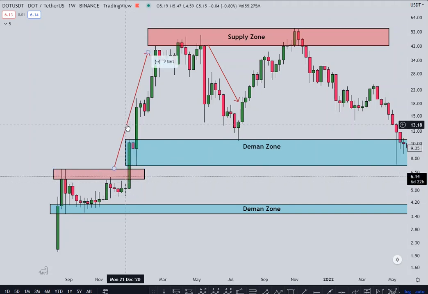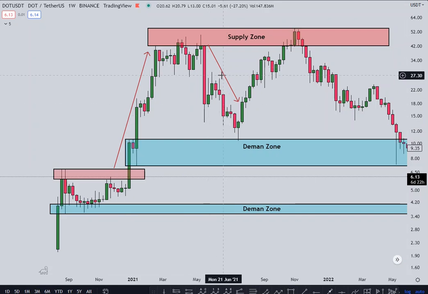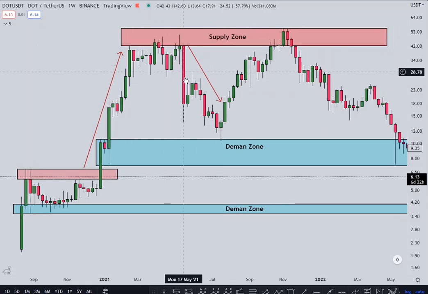And when supply is more than the demand, the price drops, which is represented by a big red candle. For example, here you can see this big red candle, and it says the supply is more than the demand, so price starts going down.